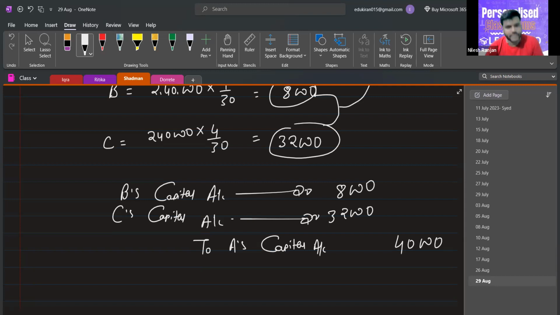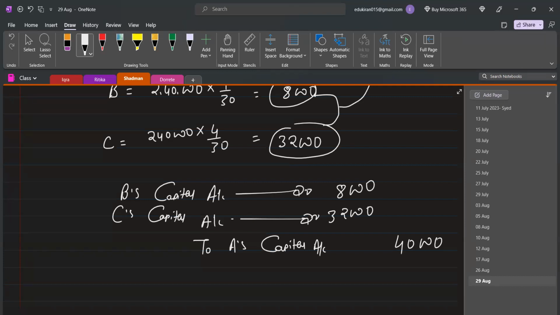B and C is not giving his money to A right now. So B and C is not actually the giver.